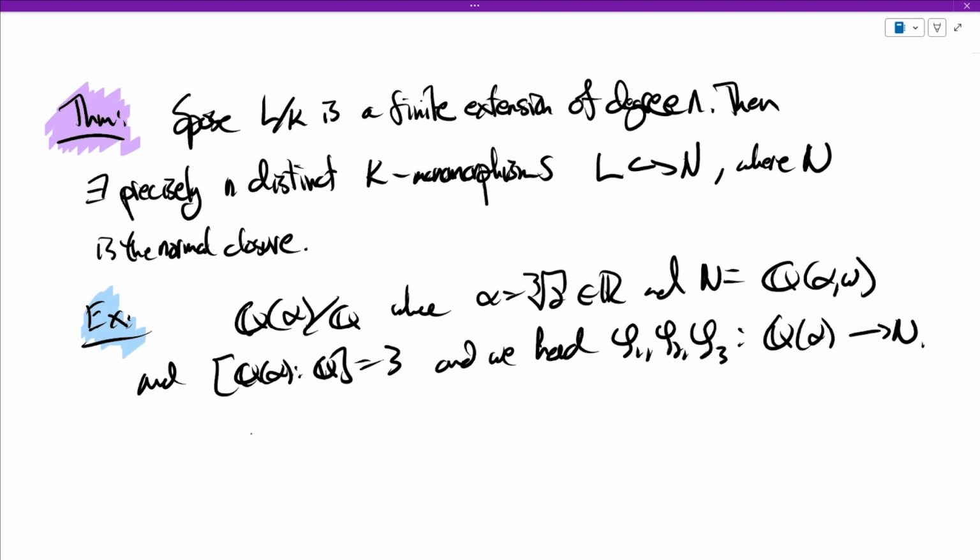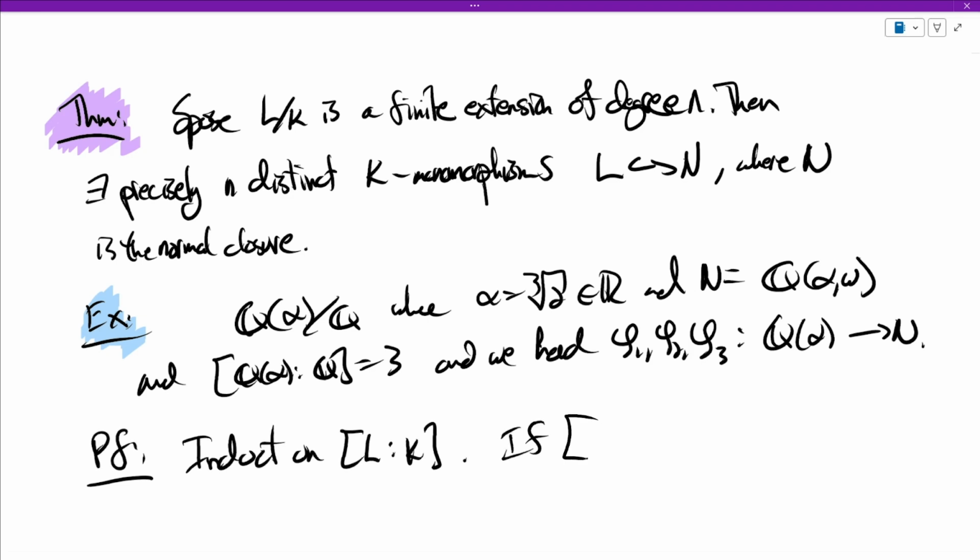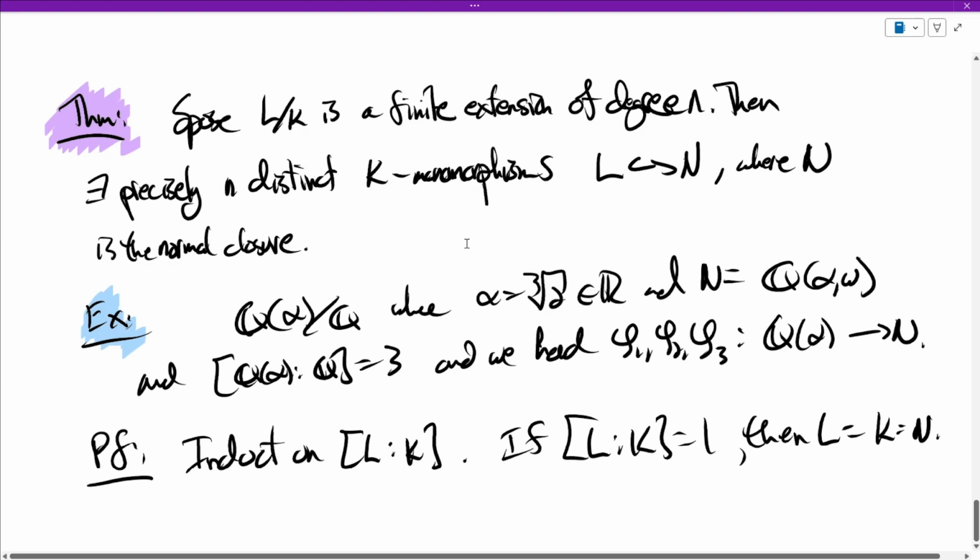The proof is going to mirror this example slightly. So let's get started with the proof. We're going to induct on the degree. If the degree of L over K is 1, well, then L equals K equals N, because the normal closure is obtained by adding in the roots of the minimal polynomial of a basis.